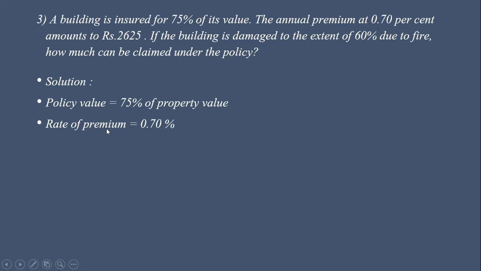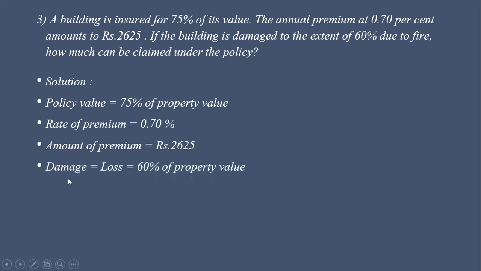We write here rate of premium is equal to 0.70%, amounts to rupees 2625. That means amount of premium is given. Amount of premium is equal to rupees 2625. Now damage, it is equal to loss. It is given as 60% of property value.